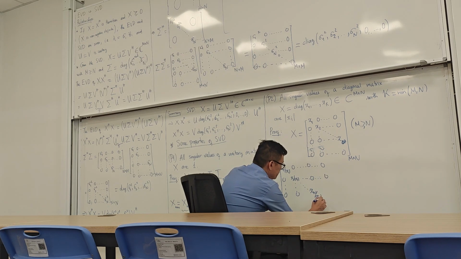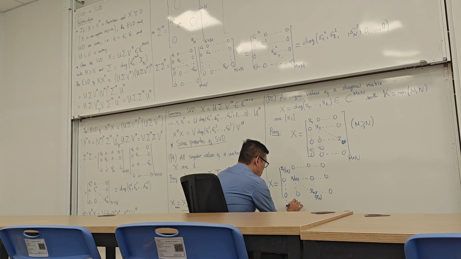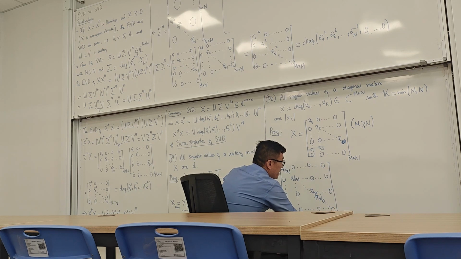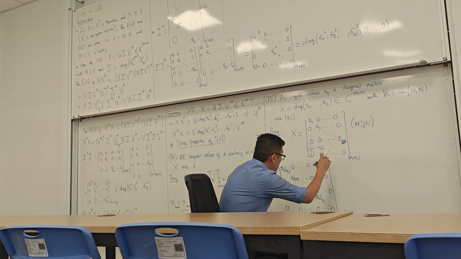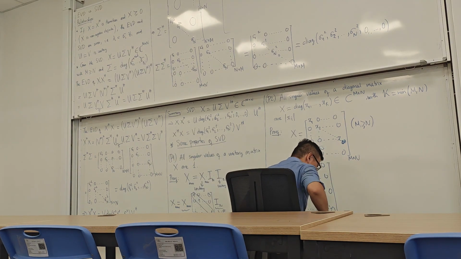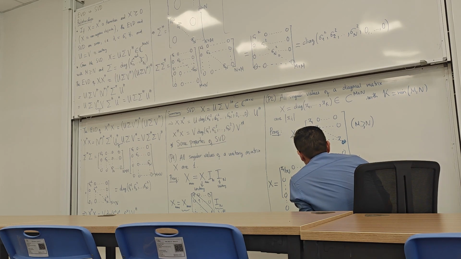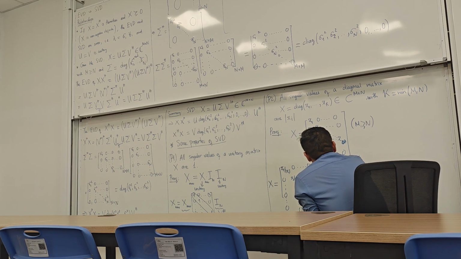This is 0 here, this is 0 here, and now this goes 0, 0, 0, and then this 0. You can imagine all 0 here. And this is the m by n. And then I multiply with x.